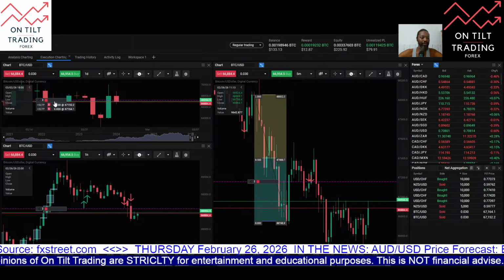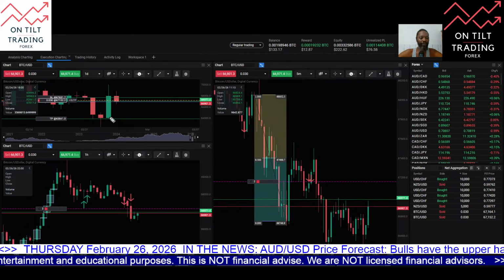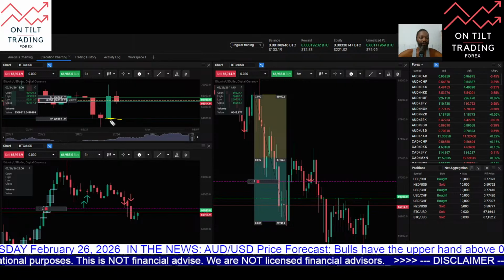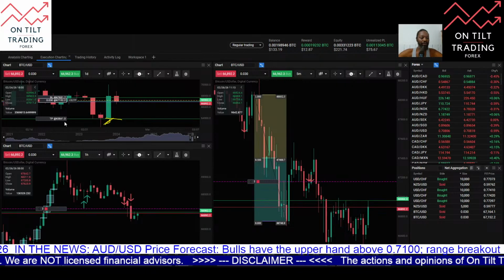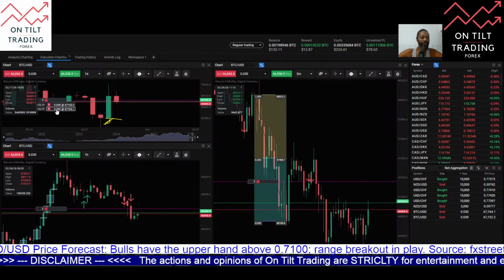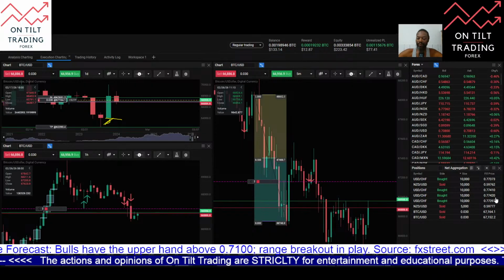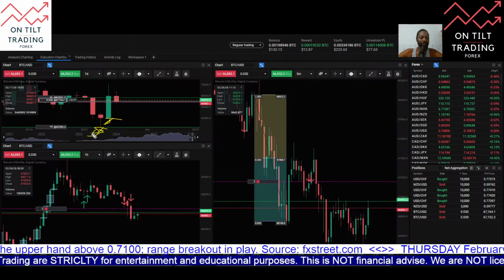And for my targets here, targeting that first level of daily liquidity here, and for the other position, targeting the liquidity resting below this swing low right here.